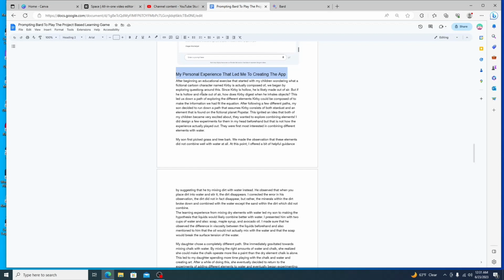For example, okay, if Kirby's made of air, when he swallows things, what happens? Does he turn into other chemicals, or how exactly does that work? My son is 6, and he was really interested in these questions, and so we dove in with Bard and essentially created this into a learning path and a learning game.